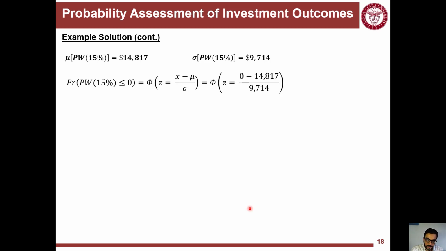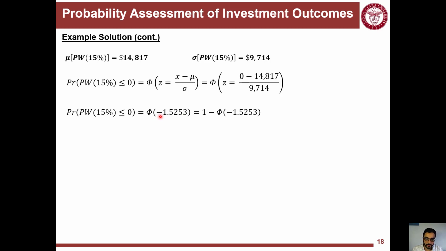So that probability will be equal to the cumulative probability of the Z variable, which is x minus mu over sigma. My x here is equal to 0, and I have mu and sigma from the previous part. So that will be translated into the phi value of a Z value of negative 1.5253.